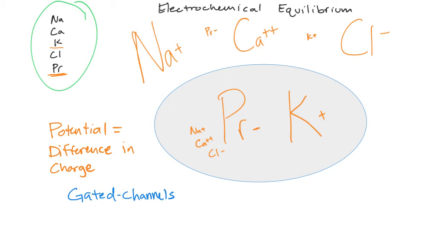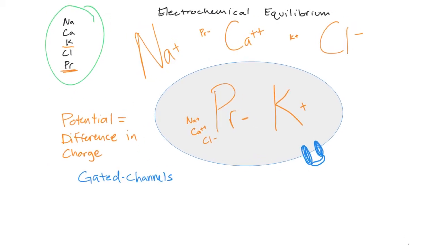So the first type we're going to talk about: if we drew a gated channel here, this is a protein that's embedded in the membrane, and it has this little gate over it. I'll just spell it out. Our first type is the voltage regulated gated channels.